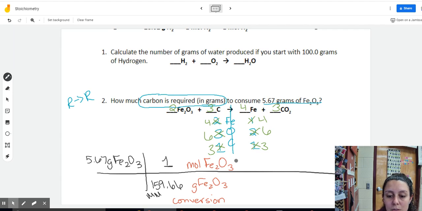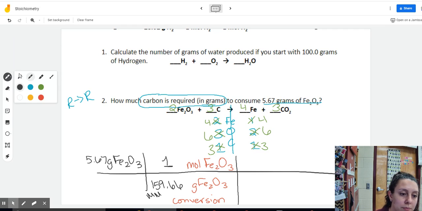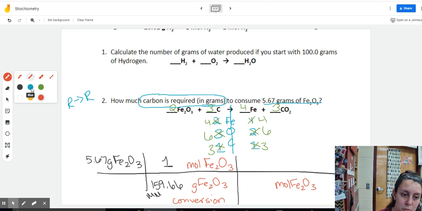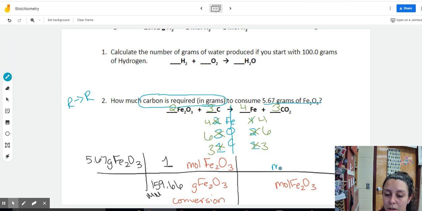Okay, so I'm going to draw our next little line. We're going to take those words down to the right. So moles of Fe2O3. We're in Moletown, so we're already in moles, which means we're now going to change into our other character, which is what we're looking for, moles of carbon, right? This step right here, that is your mole ratio step, okay?